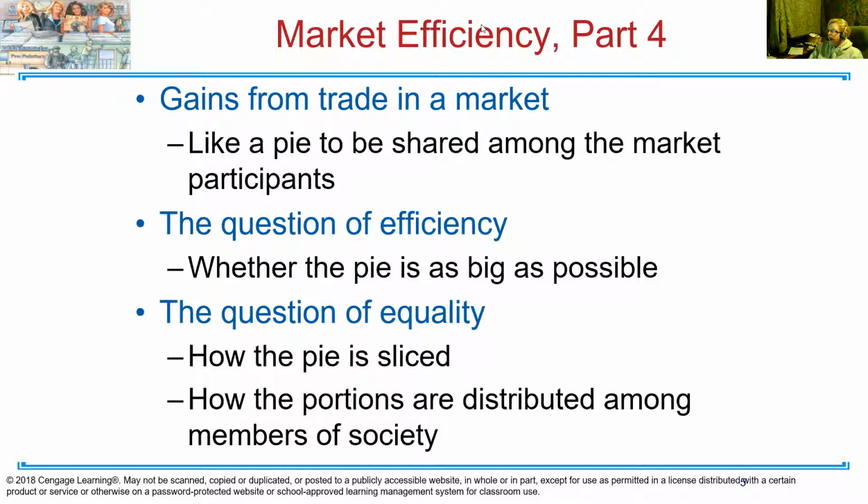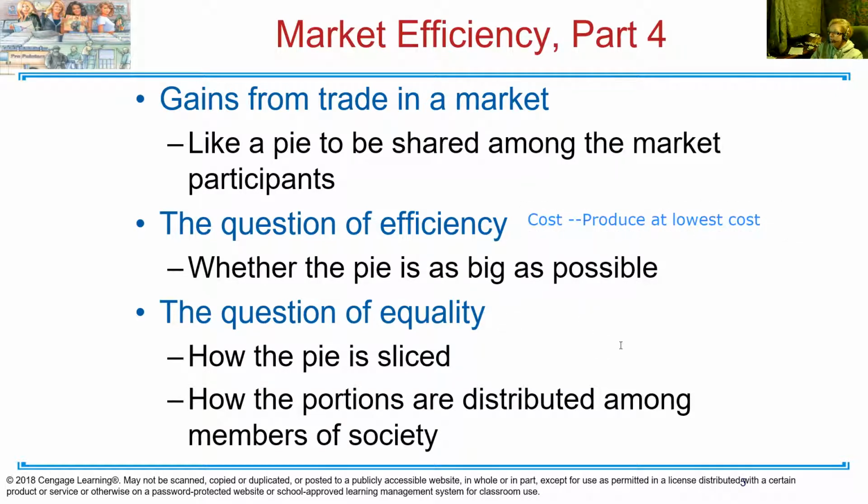Here we really want to think about this in terms of cost. We're going to say you're an efficient producer if you can produce this at the lowest cost. And equality is the idea that those that value it most highly get it.